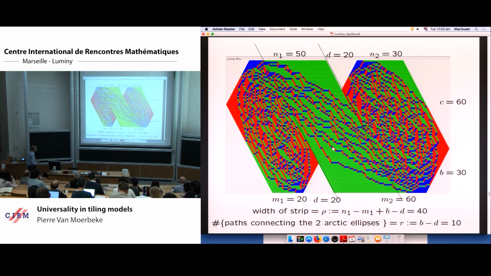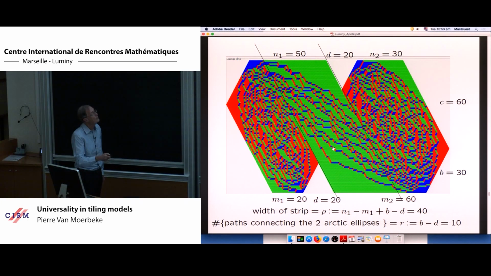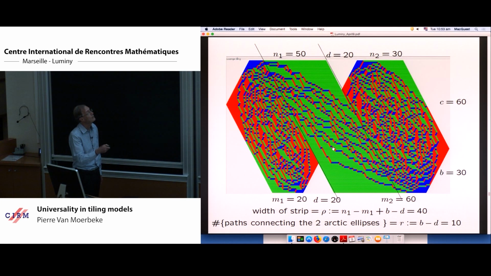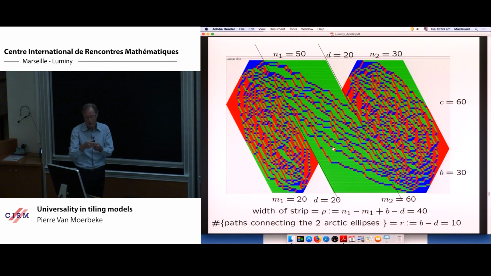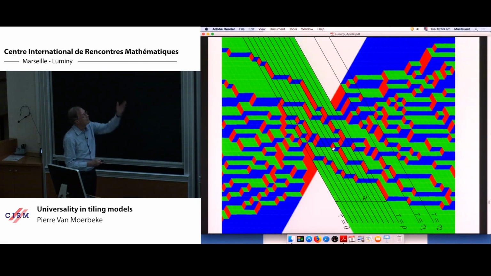So what we are interested in, for instance, is to find out what the statistics would be. Suppose I take a line like this, what would be the statistics of the intersection of those filaments with that line? And that's a magnification of that. You see very clearly the combinatorics comes out perfectly in that picture.